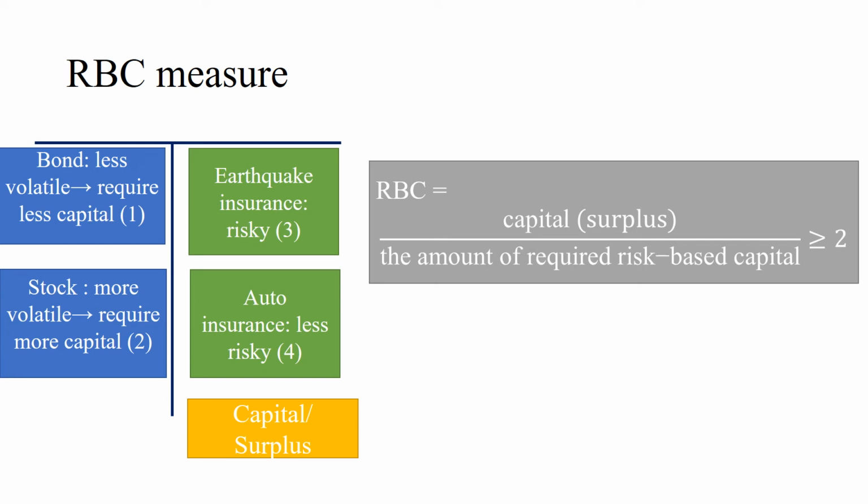But anyway, the actual capital this insurance company holds divided by the required capital should be equal or greater than 2. It means the insurance company should hold more capital than is required, and not just hold a little more. The ratio should be greater than 2.